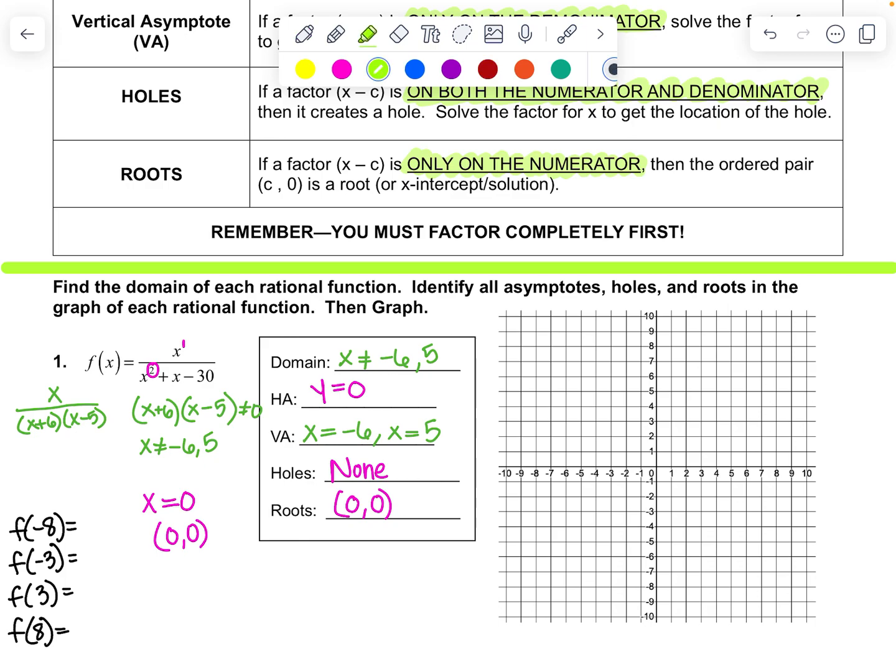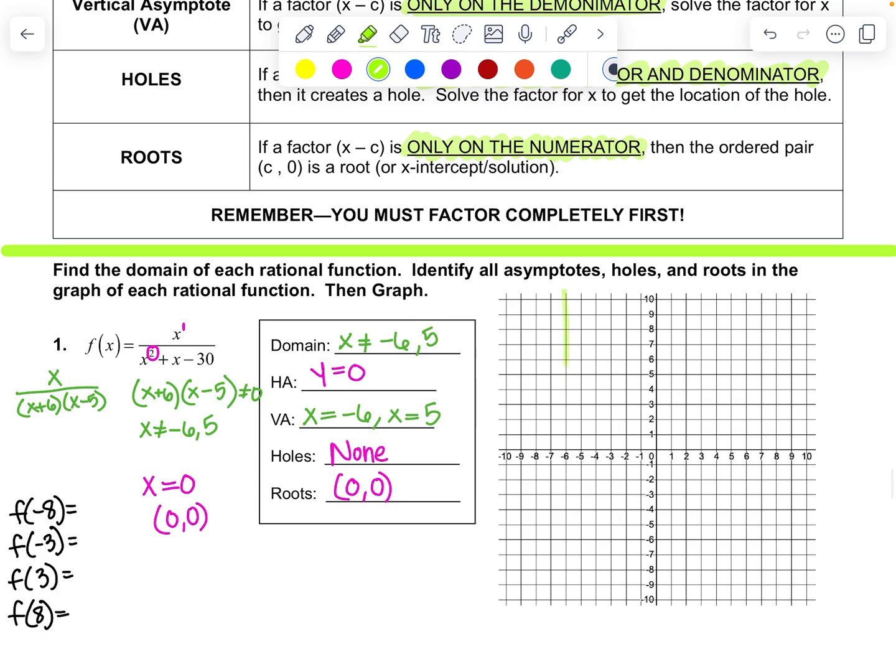What I like to do is use a highlighter or a colored pencil to draw in my asymptotes, so I know that my graph cannot touch those lines. And then I go through and graph from there. So I know I have vertical asymptotes at negative 6 and at positive 5. I have a horizontal asymptote at y equals 0.